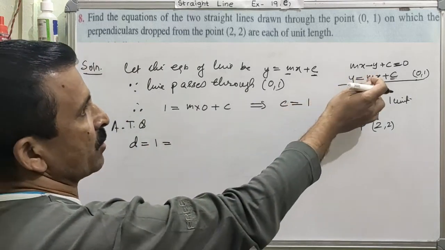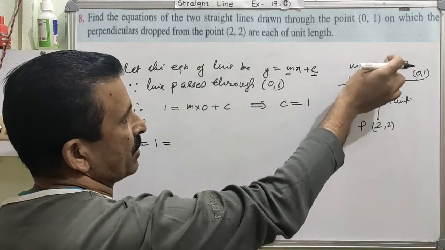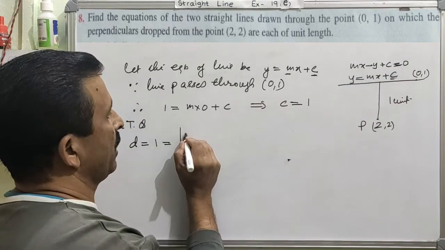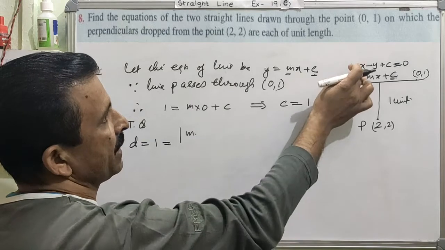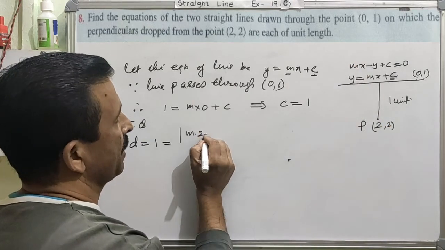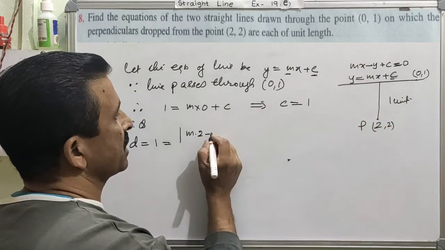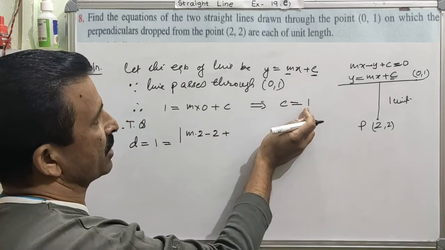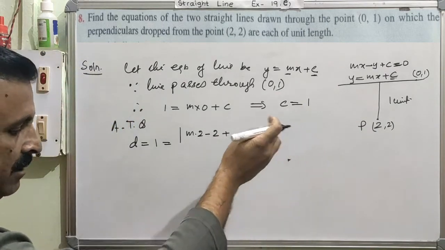Now we can use this equation in the general form. So I'm going to write down this equation. So absolute value of m, right? x is how much? 2. Minus y is how much? 2. Plus c. c is equal to 1.